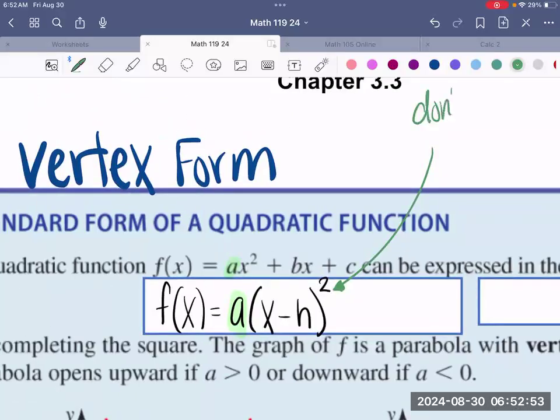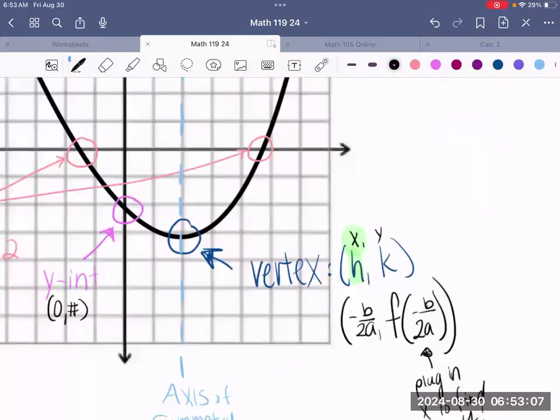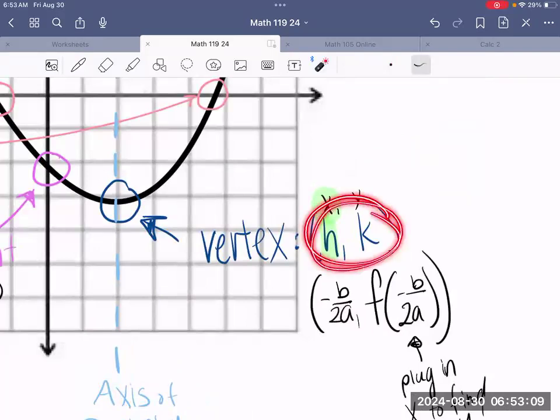So just don't forget to square your parentheses. And then we're going to say plus k here. Now that (h, k) is coming from just the point of your vertex. So it's really just the h being your x value of your vertex, k being your y value.